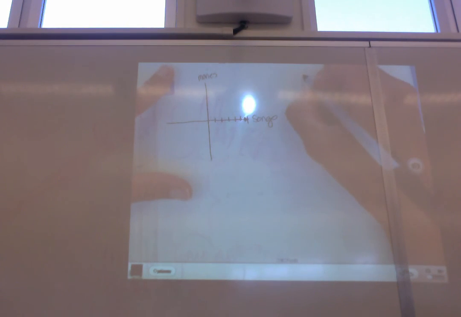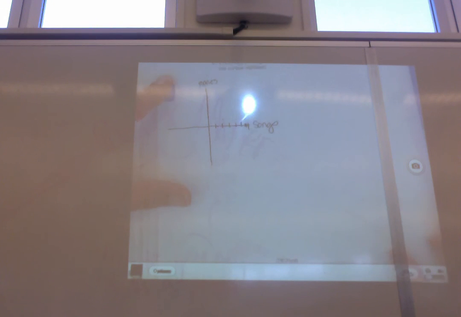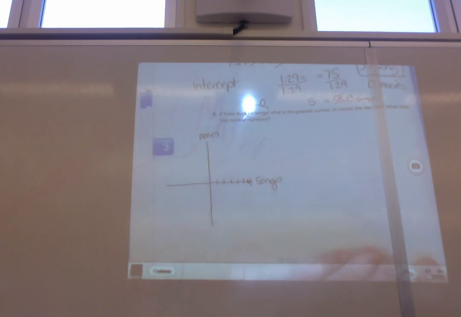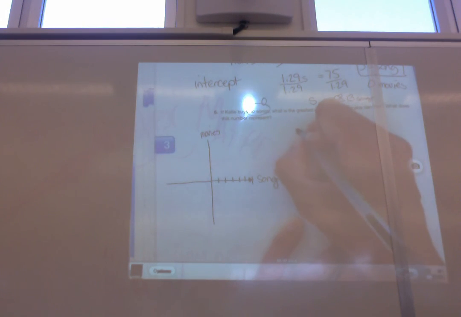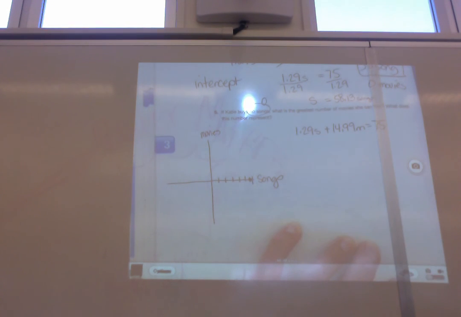If I look at my original equation, 1.29s plus 14.99m, no songs this time means 0 right here. 14.99m is the only part of the equation left.